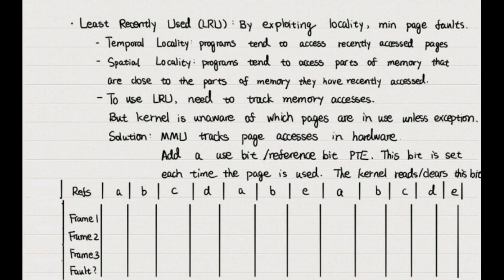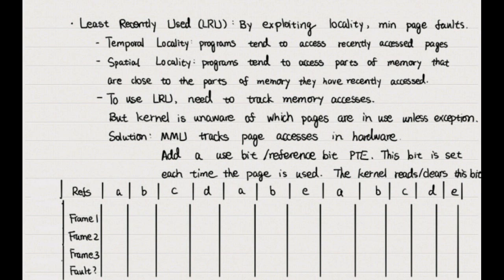There is also the least recently used policy. Replace the least recently used pages to exploit locality and minimize page faults. There are two types of locality, temporal locality and spatial locality.